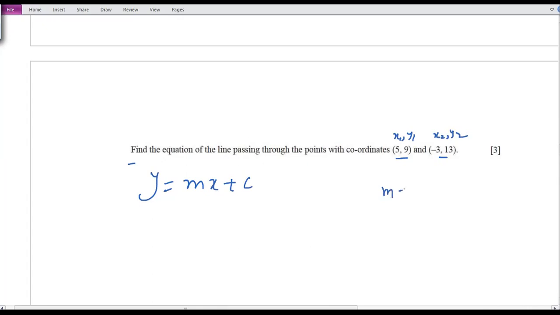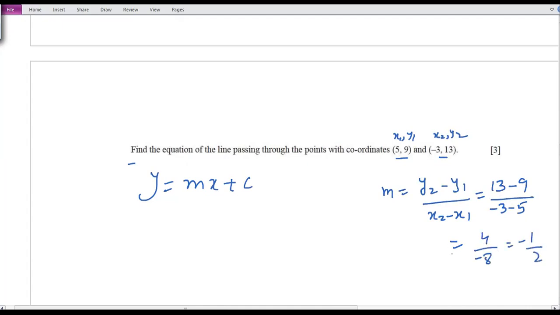Write the formula y2 minus y1 over x2 minus x1. Now what is y2? Y2 is 13 minus y1 9 over x2 minus 3 x1 5. So 13 minus 9 is 4 over minus 8. So it is minus 1 over 2. Okay, this is your m.